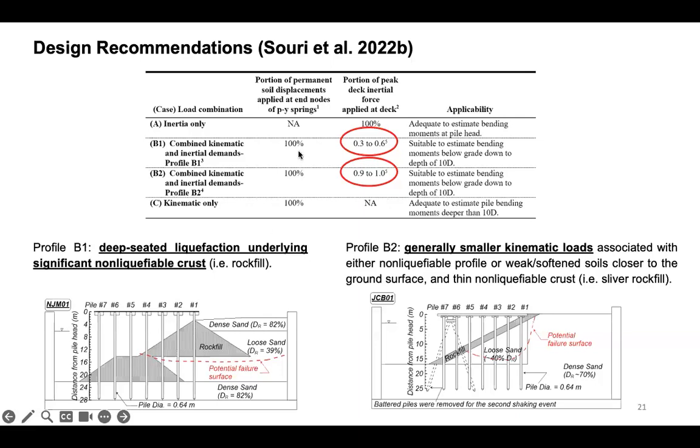In these cases, you need to combine 100% of kinematic with somewhere between 30 to 60% of inertial load. In cases where your profile looks more like profile B2 here, you need to combine 100% of kinematic with 90 to 100% of inertia. And these are cases where you have shallower liquefiable soil with a thinner non-liquefiable crust.